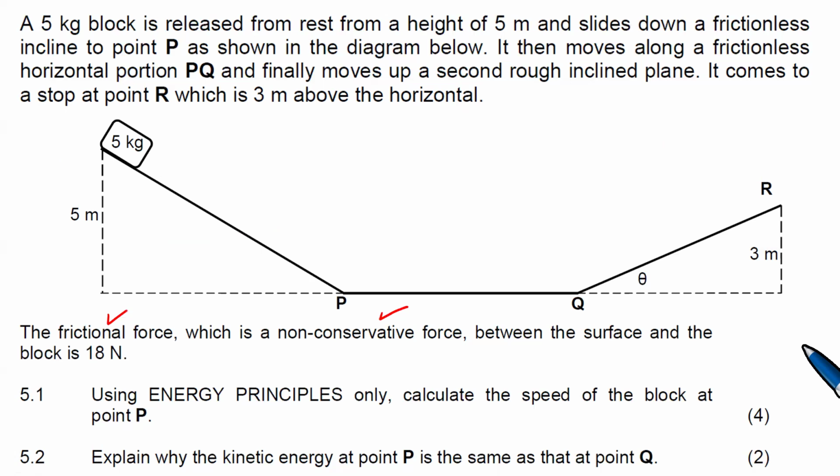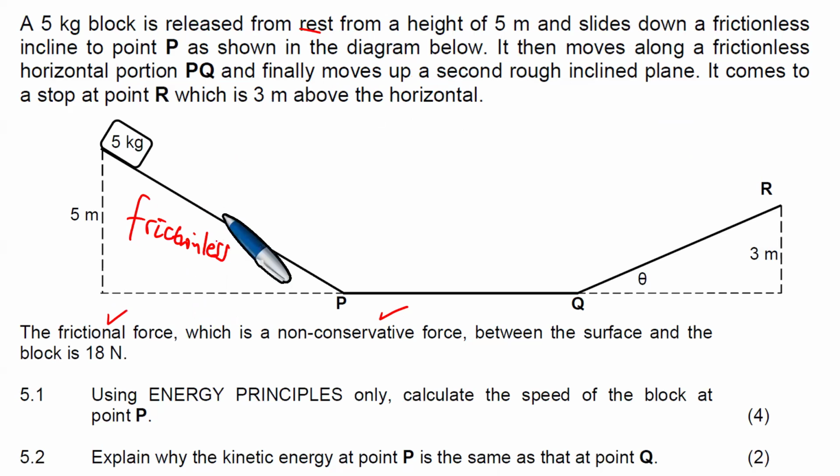Right, so there are a couple of things that we need to take into account. It is the fact that this 5-kilogram block is released from rest from a height of 5 meters and slides down a frictionless incline to point P as shown in the diagram.